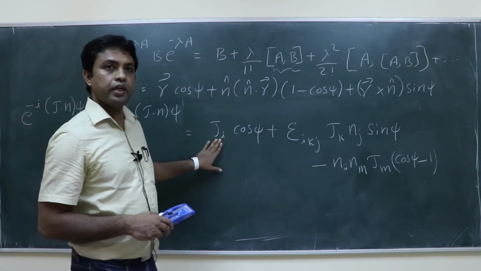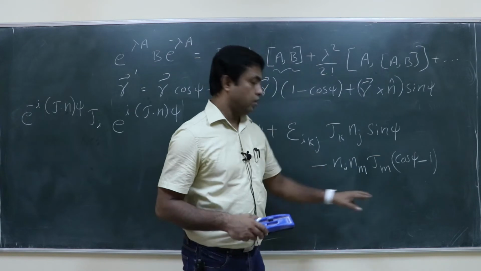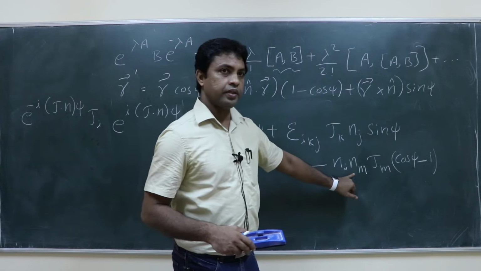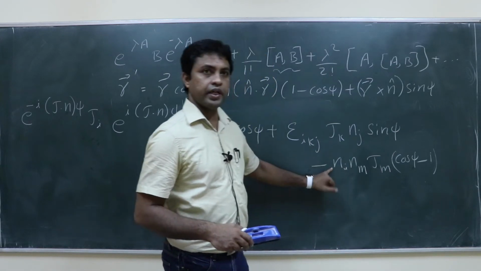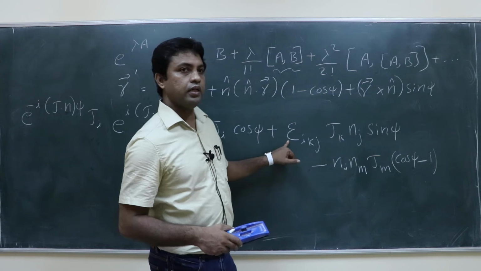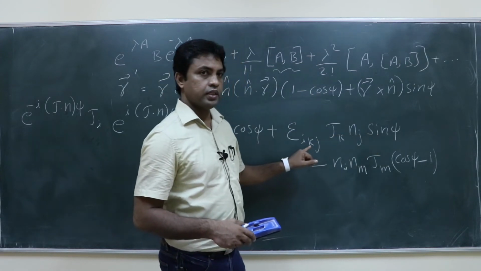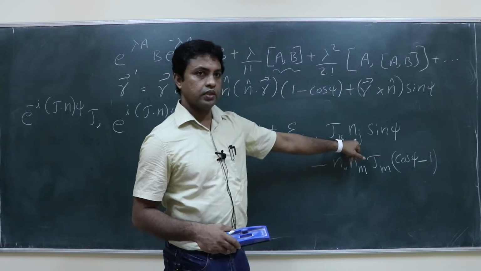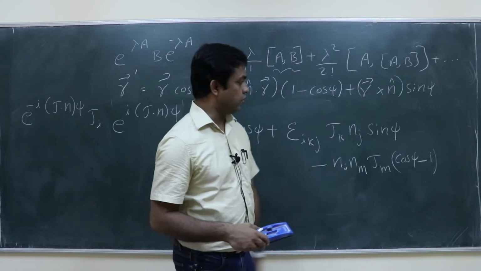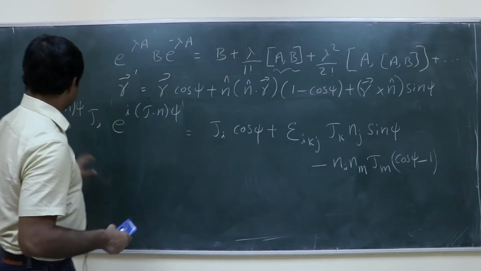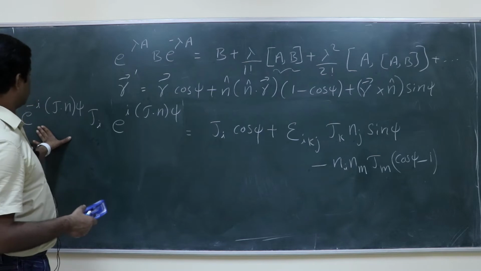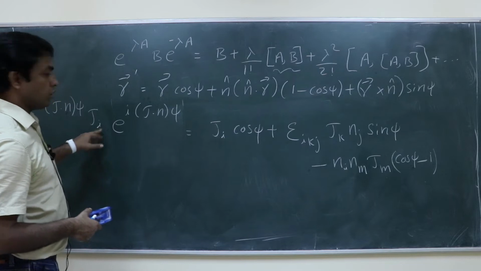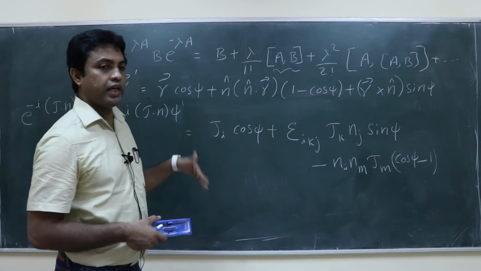So cos psi j_i is minus 1 minus cos psi, n_m j_m n_i, then epsilon ijk sin psi. So j is for n_j, and k is for j_k. Okay, fine. So this is basically for a component j_i. Does anybody have any question on this?